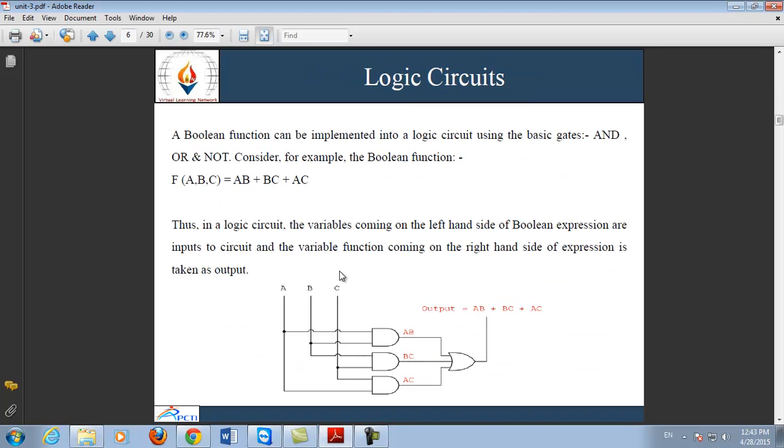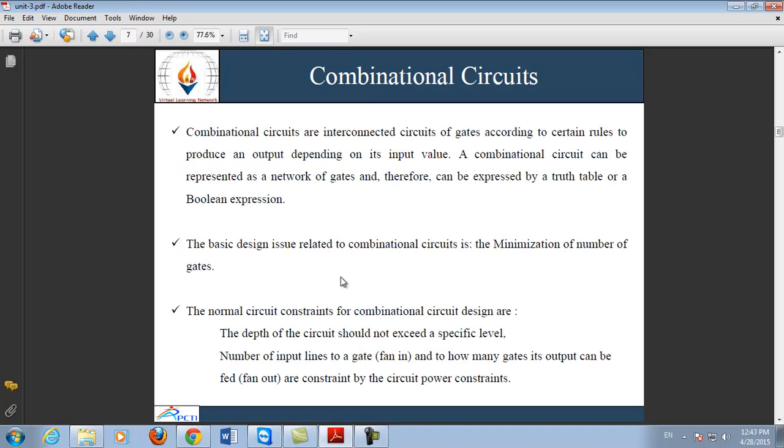After logic circuit, next is combinational circuits. Now, what is the meaning of combinational circuit? A combinational circuit means a circuit which is made by the various interconnected circuits of gates according to a particular rule.